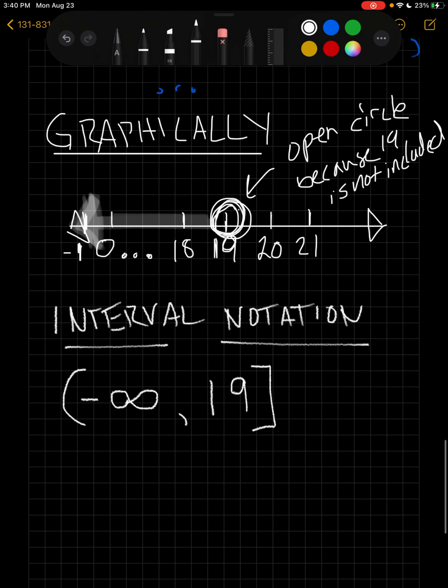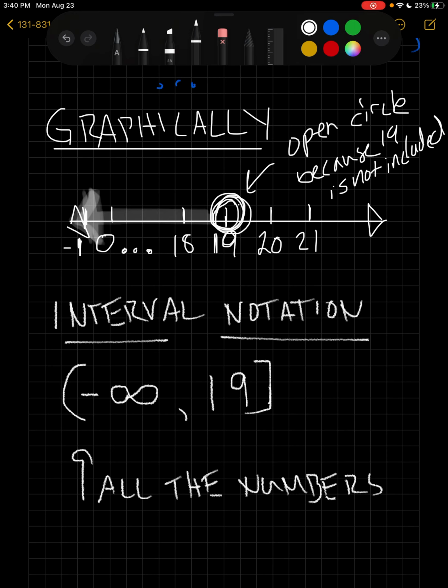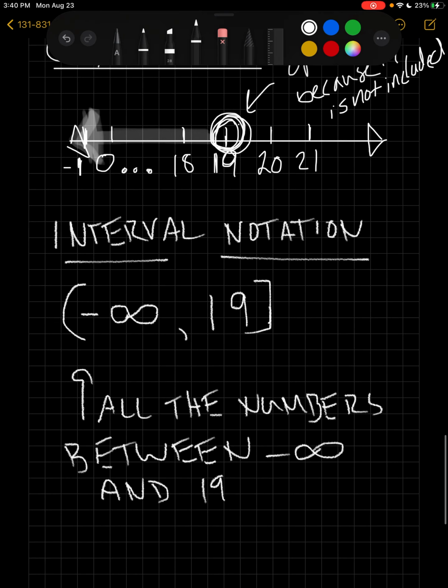So this would be interval notation. And what this means here is, oops, I'm doing it wrong. I'll tell you my mistake in a second. Actually, I'm going to leave it here so I can tell you my mistake. Okay. All the numbers between negative infinity and 19.